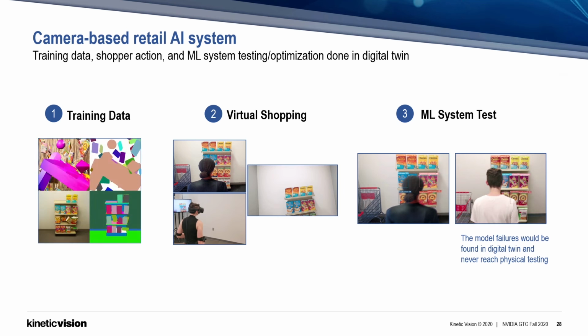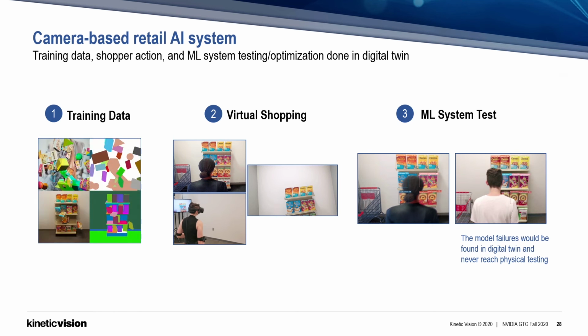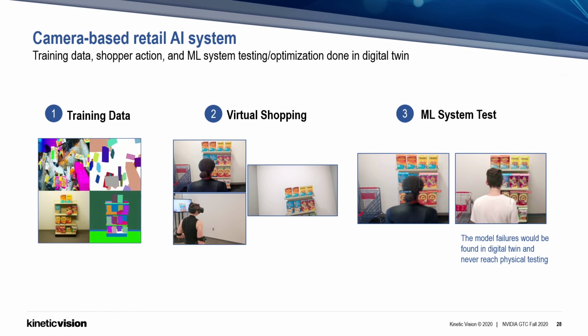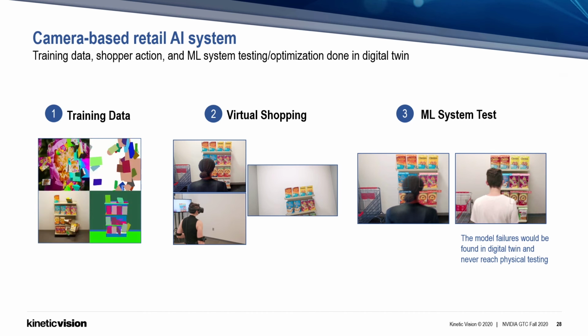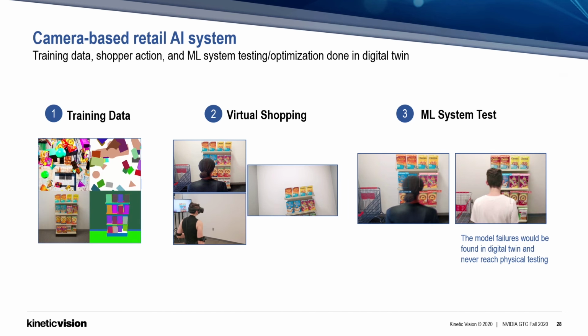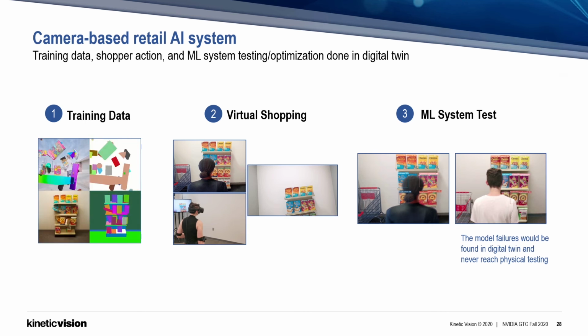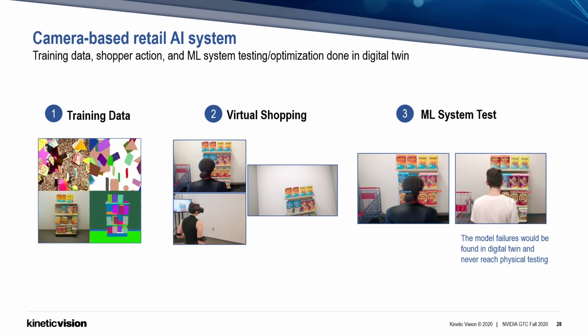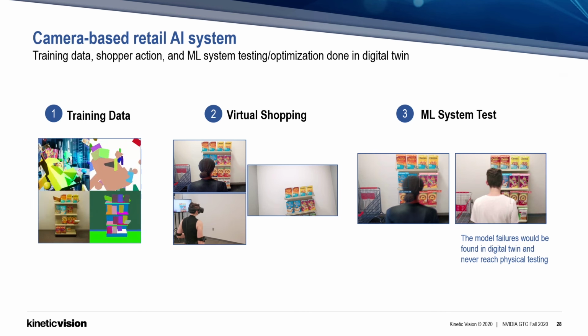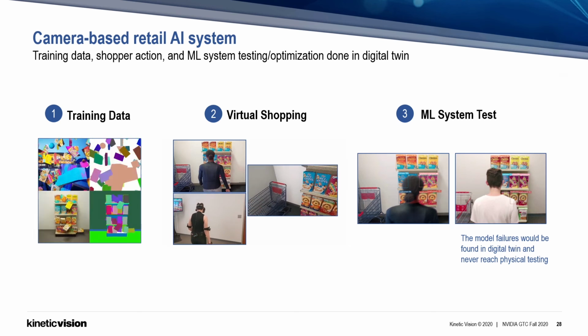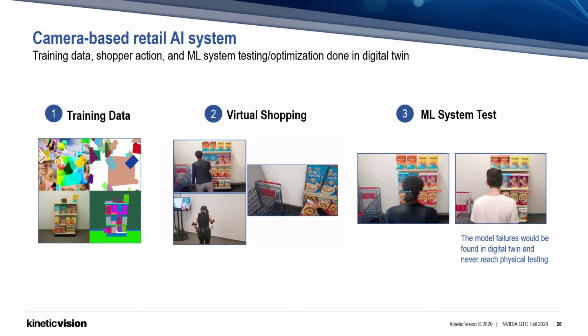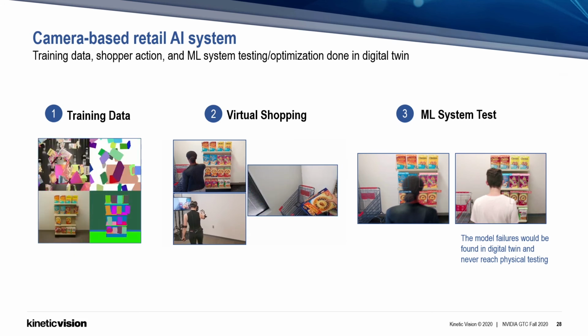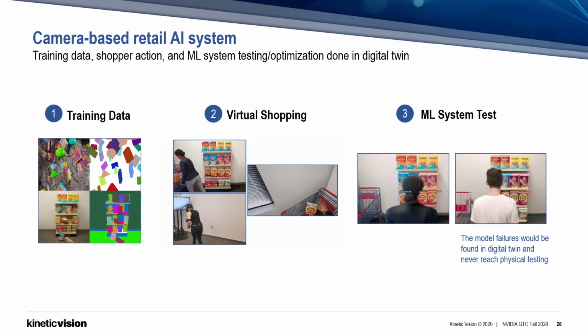In summary, a three-step process was utilized within a digital twin to train, test, and optimize a retail AI system. First, a synthetic training dataset was created and used to train a deep learning model. Next, a virtual shopper avatar, driven by concurrent human motion capture, selected products and placed them in her cart.